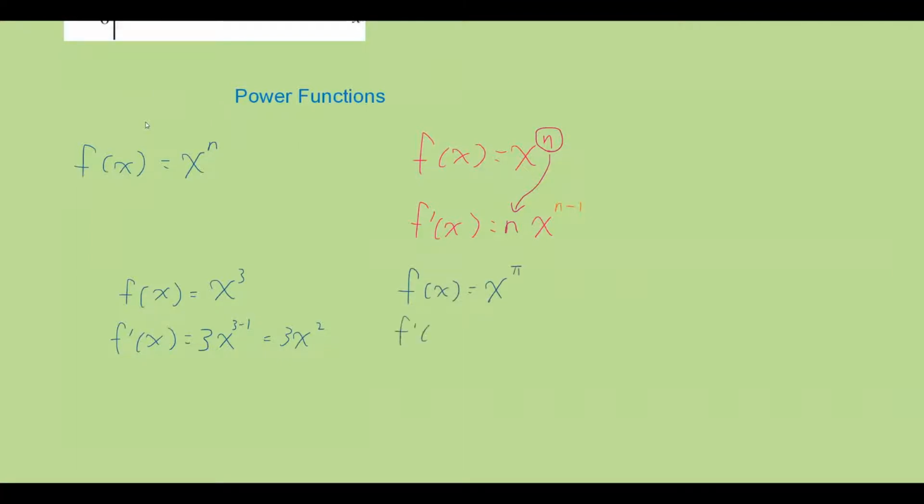Then f prime of x is going to be, bring down the power again, pi times x, and then subtract the exponent by 1. So we have pi minus 1. Very simple. This is how to find derivatives of power functions, and this extends to polynomials as well. Bring down the power, decrease the power by 1.